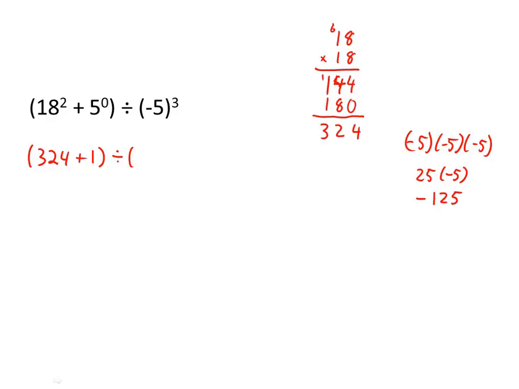Okay? And so now we're going to have minus 125. And that's going to be inside those brackets there. So 324 plus 1, I think I can do that. That's going to be 325, and divided by minus 125.